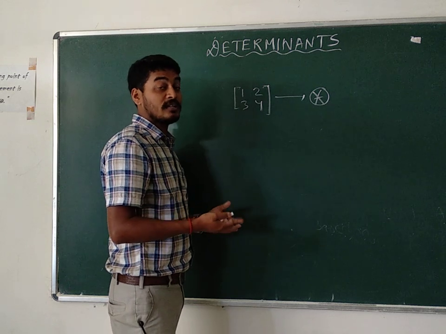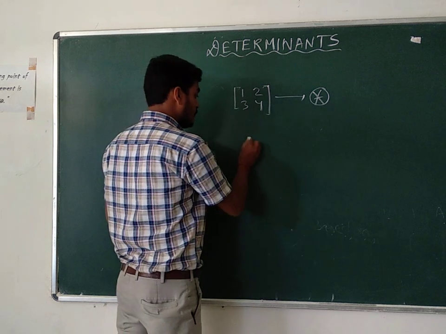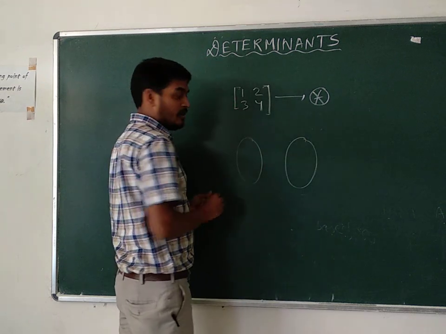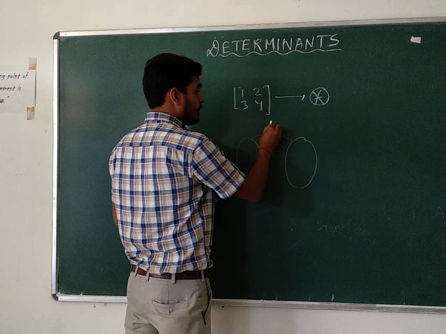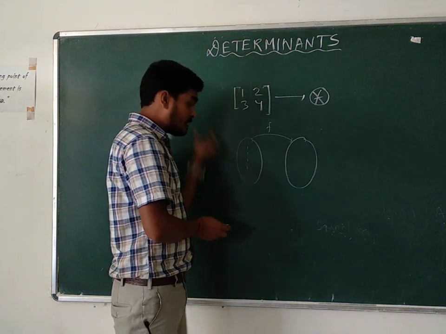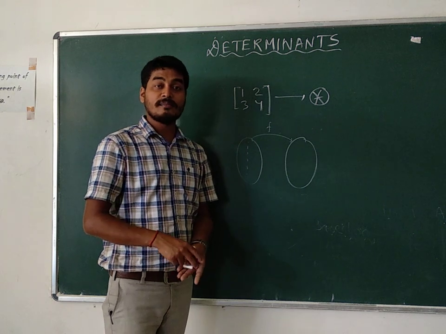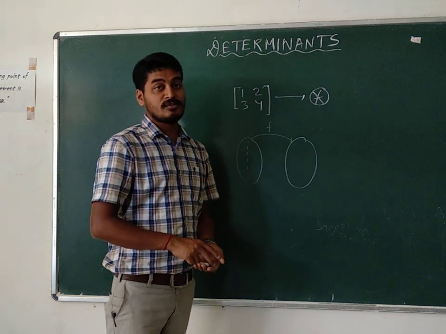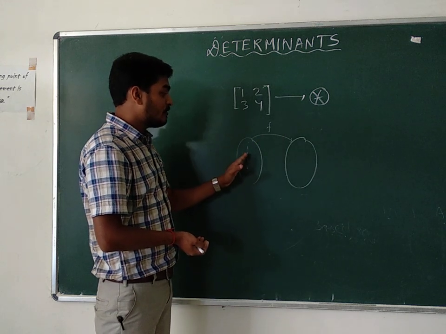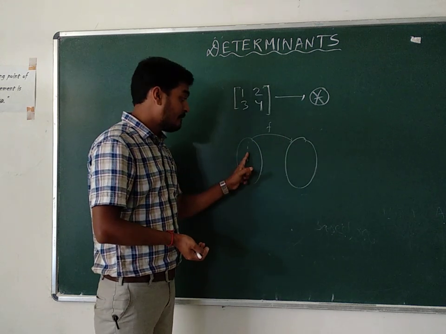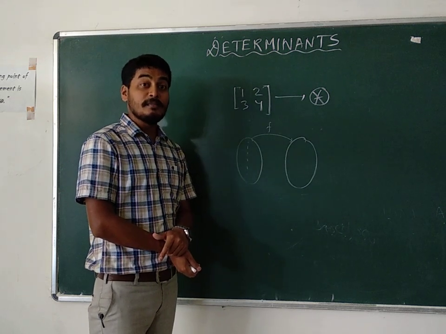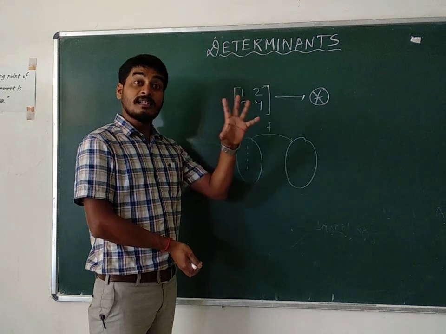Whenever two sets are there, if we can relate all the elements of the first set to some particular element of the second set, we call it a function. That means to be a function, each and every element of the first set should have uniqueness. You will get an image for that element. So determinant itself is a function.